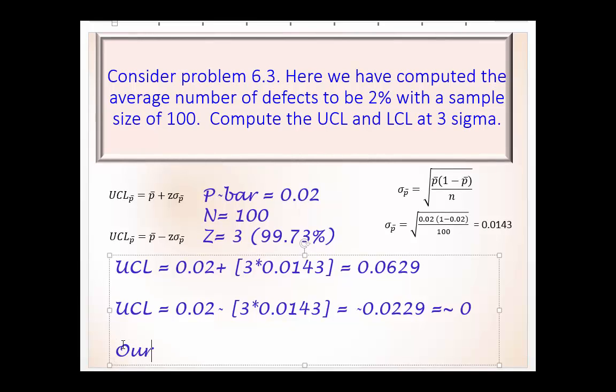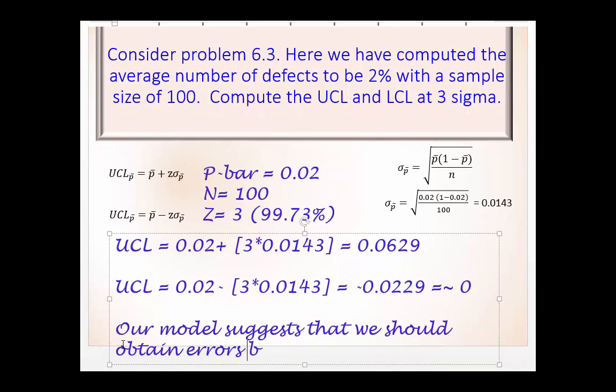Said differently, our model suggests we should obtain errors between 0 and 6%. So if we were to find someone who was averaging 7, 8, 10% errors in each observation, we would know we've got a problem. This helps us understand what is normal and what is outside of normal.